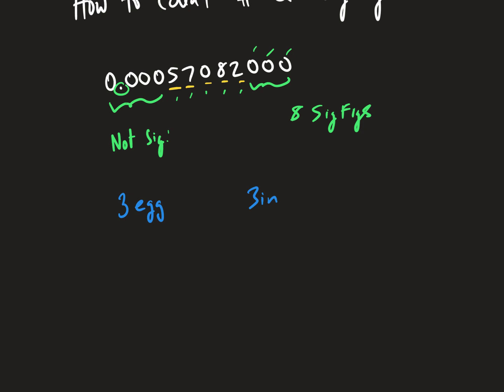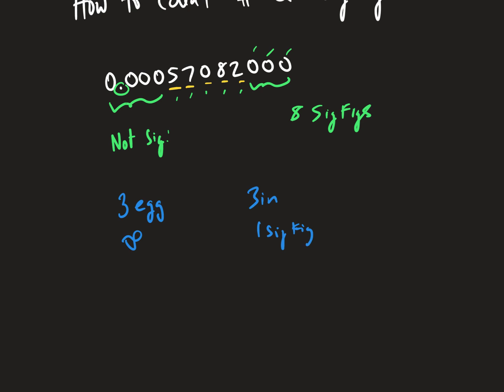Is it exact? No. The way we measure inches is never exact. We always have an estimate, right? Okay, so there's infinitely many right there and 1 sig fig right here. Any questions about counting sig figs?